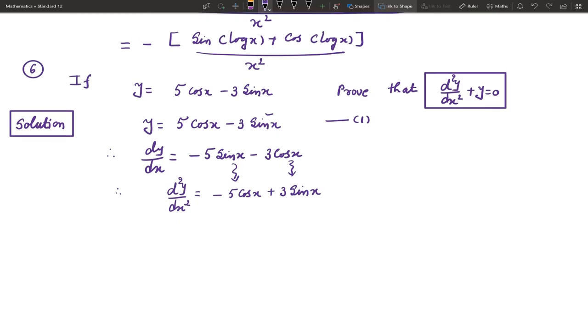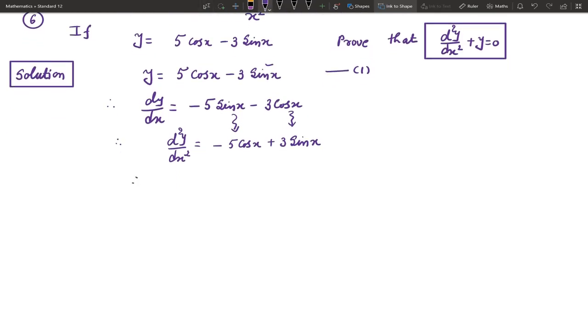Now right hand side we take minus common, so d2y by dx2, we take minus common, so into bracket 5 cos x minus 3 sin x, and you can observe from result 1, this is nothing but our y, 5 cos x minus 3 sin x.